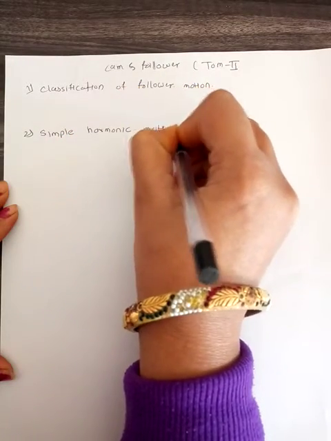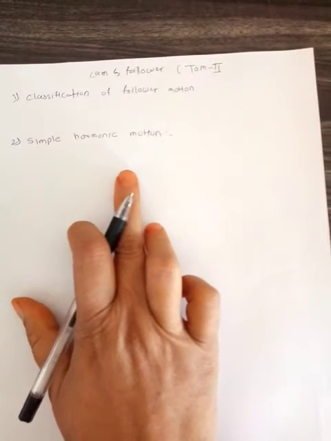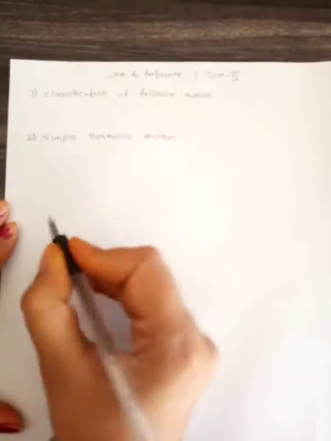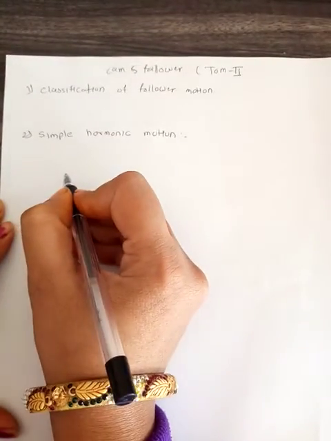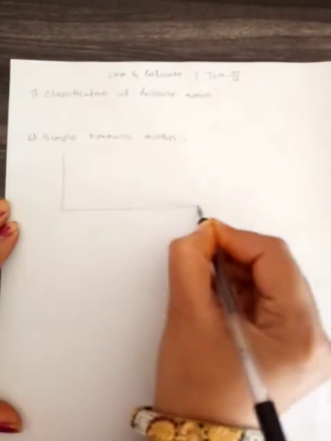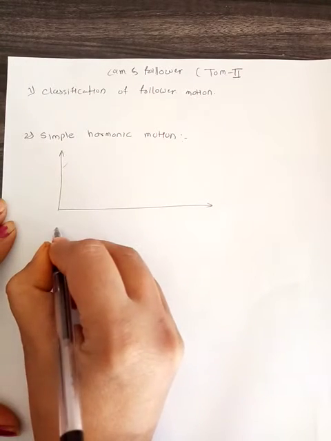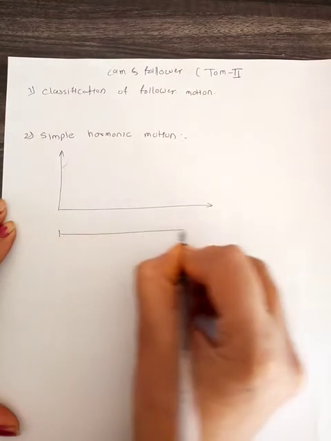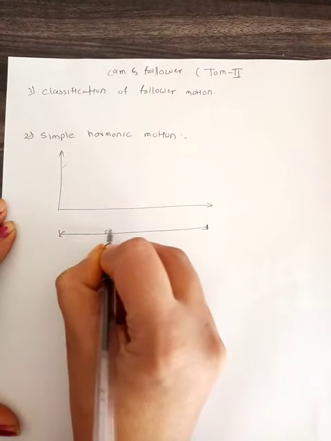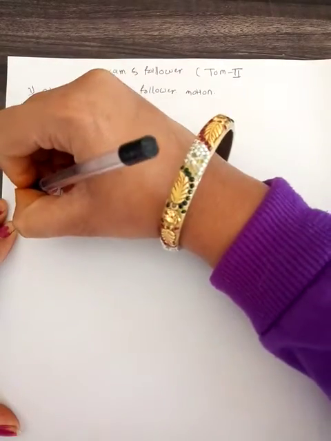In this video we study simple harmonic motion, and how to draw its displacement diagram. Roughly, this is the y axis and this is the x axis. The x axis is the cam angle, and the y axis is the displacement.